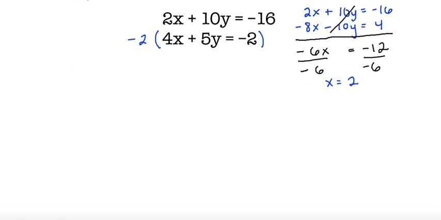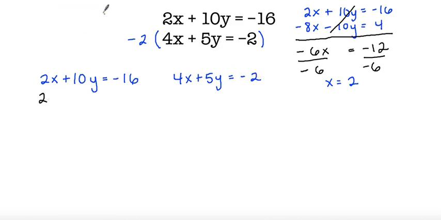So we're going to rewrite each equation and substitute the x for 2. So 2 times 2 plus 10y is equal to negative 16.